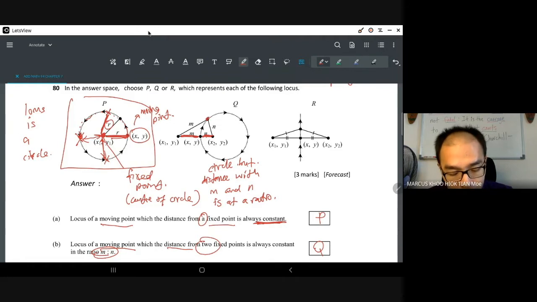If you bring the point over here, this distance and this distance, the ratio is still the same. If I bring the point over here, the distance to m and the distance to n, this is m, this is n, is still the same ratio. The distances may be different, but the ratio is the same. So two fixed points, one moving point, and a ratio is also a circle, but the distances are always at the ratio.